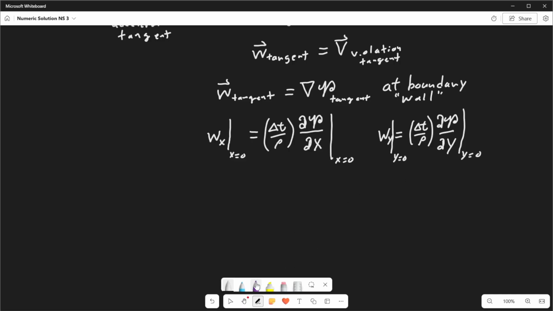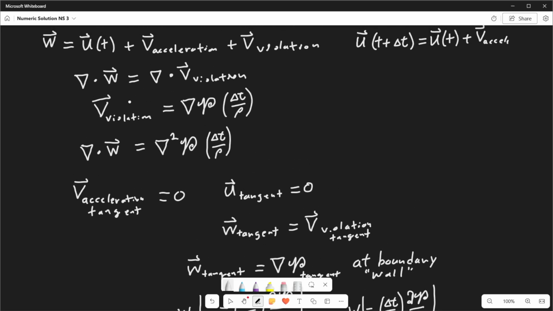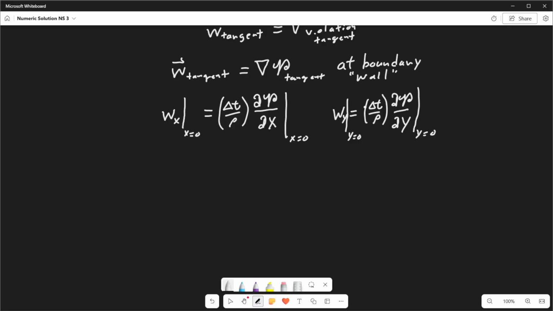So it turns out these equations plus the equation that we had earlier, the divergence of W equals the divergence of the gradient of p, these things together can actually be solved to find the gradient of p.